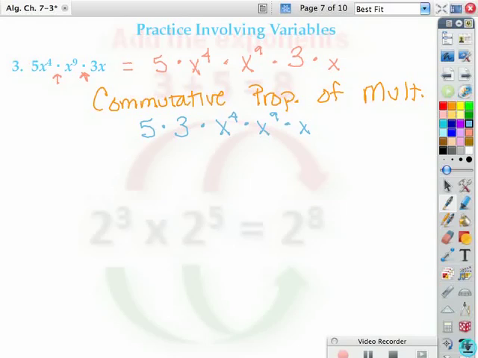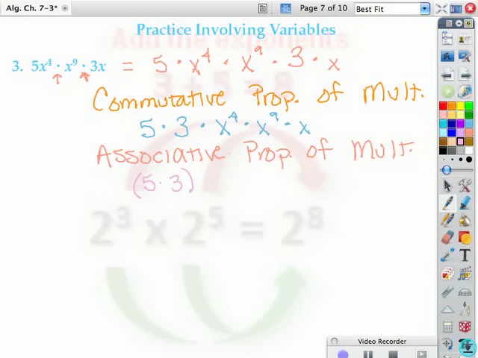From here, we're going to use our associative property of multiplication. We're going to group together our numbers, and we're also going to group together our variables because they have the same base. Even though 5 and 3 are not the same base, we're not adding the exponents, we're just multiplying them to simplify.